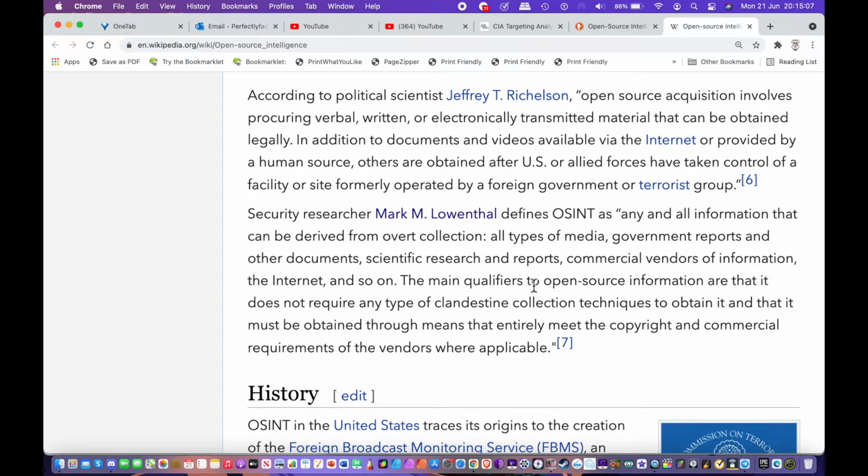Security researcher Mark M. Lowenthal defines OSINT as any and all information that can be derived from overt collection: all types of media, government reports and other documents, scientific research and reports, commercial vendors of information, the internet and so on.